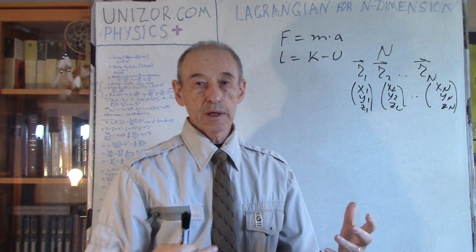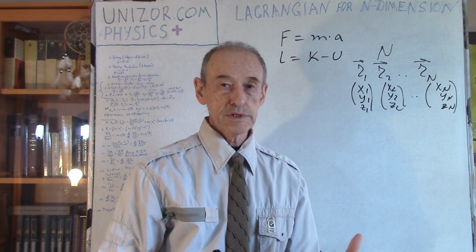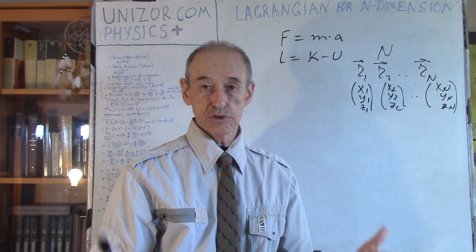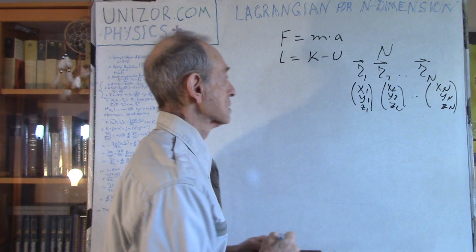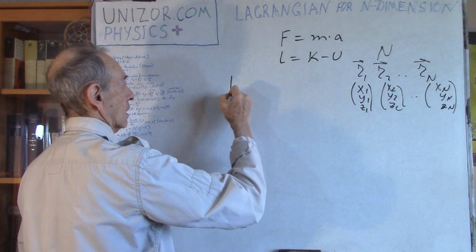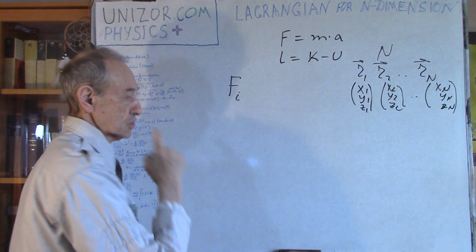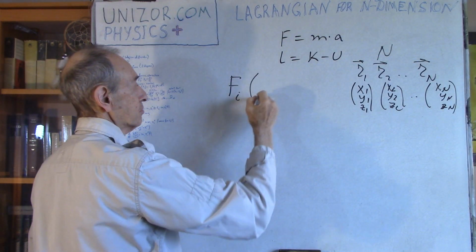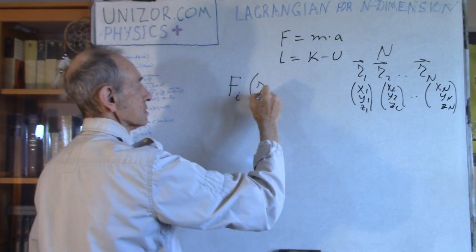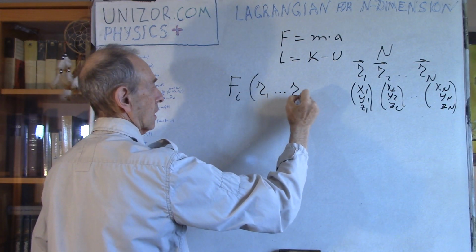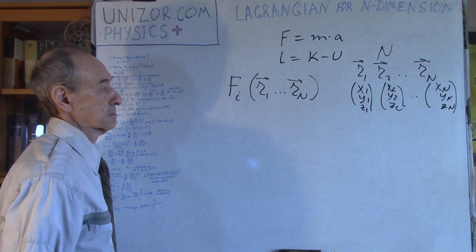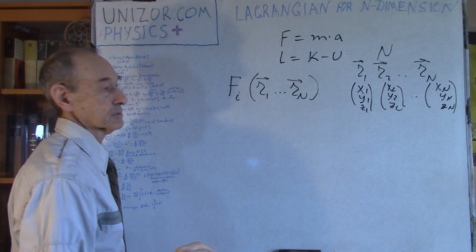Now, if we are talking about stationary forces, stationary forces depend only on position, which means every force which is acting on object number i depends on all 3n parameters, every force.